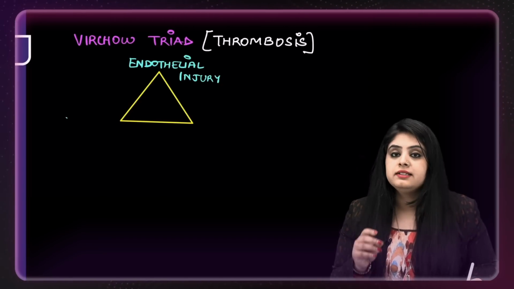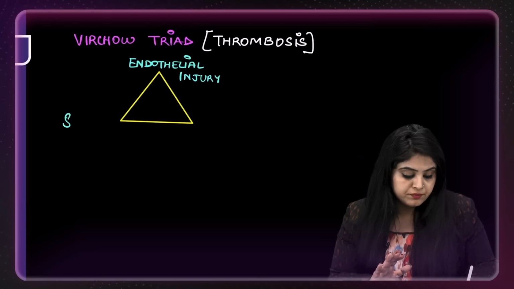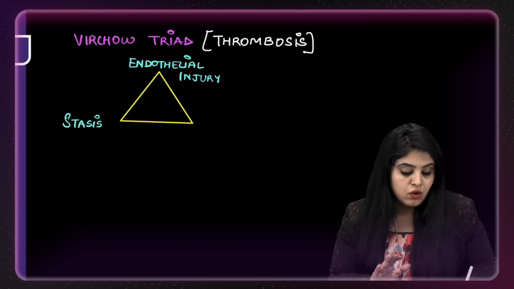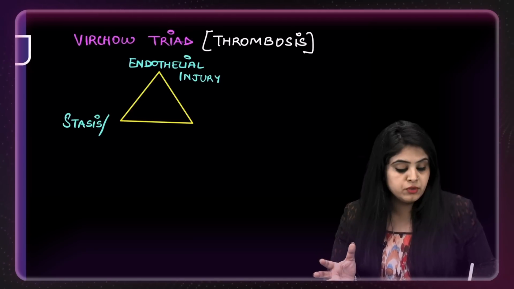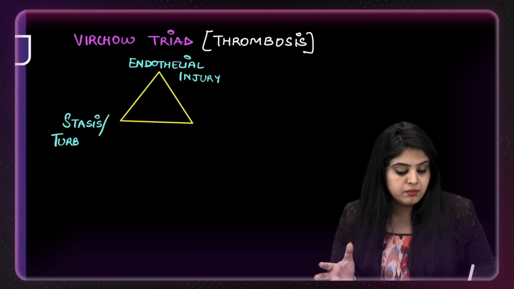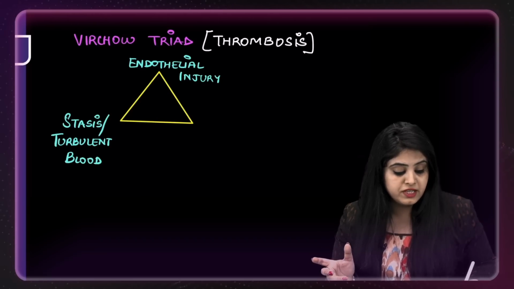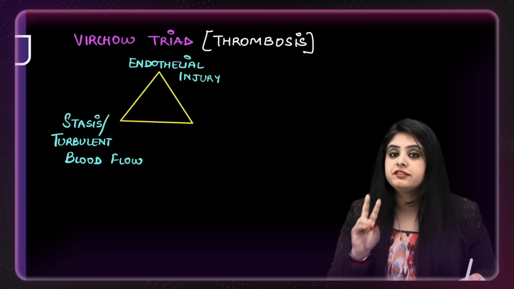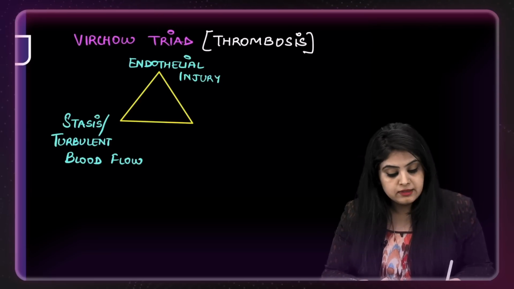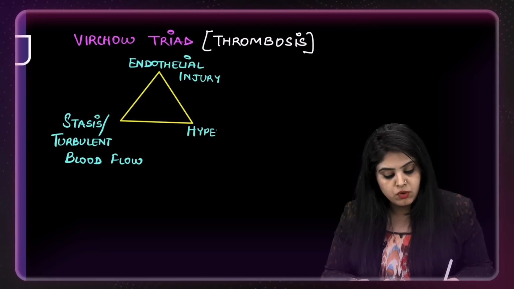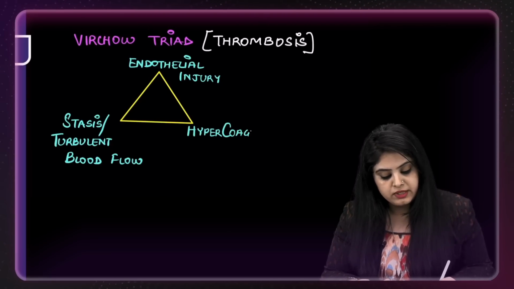Point number 2, either the blood flow is very, very slow, means there is stasis, or the blood flow is very, very turbulent. So either there is very slow blood flow or very fast, turbulent blood flow. That's the second contribution. The third is there could be a state of hypercoagulability.